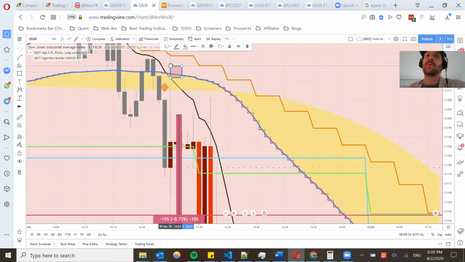So my recommendation, when you know that the cycle is likely to not be volatile, and when you know that a big event is coming, is that you should trade the pullback zone.